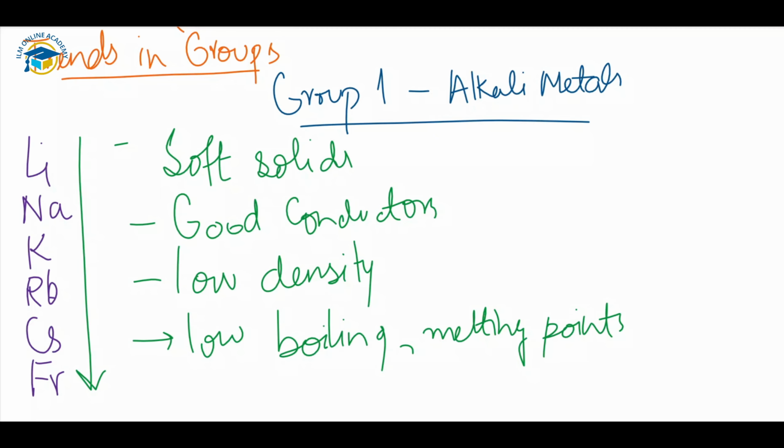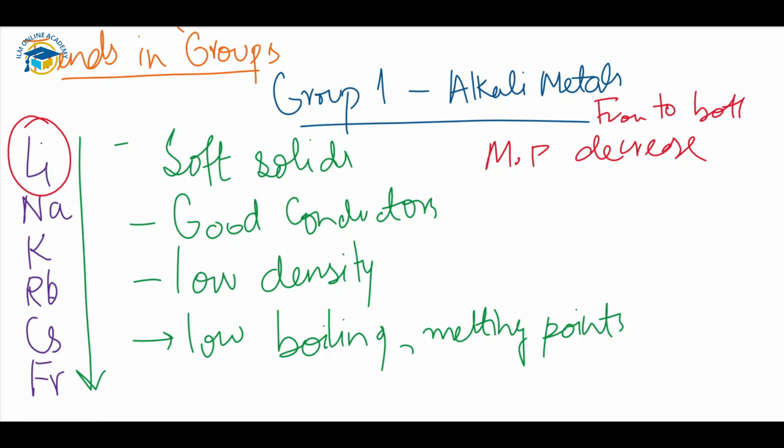It means that lithium has a much higher melting point as compared to francium. MP shows the melting point, so the melting point decreases as we go down from top to bottom.